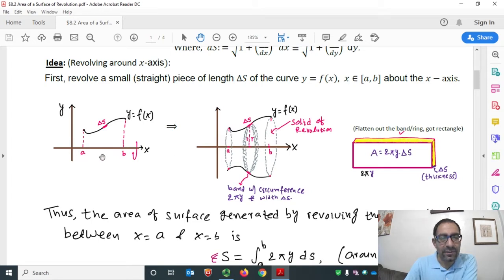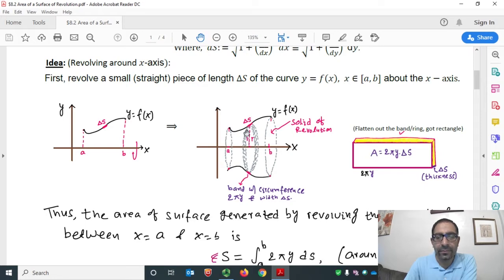So in the first diagram, the given function is y equals f(x), which is bounded between x equals a and x equals b. And we take a small piece of the curve and then we swing it around the x-axis. Then in the second diagram, it generates a band or ring here.